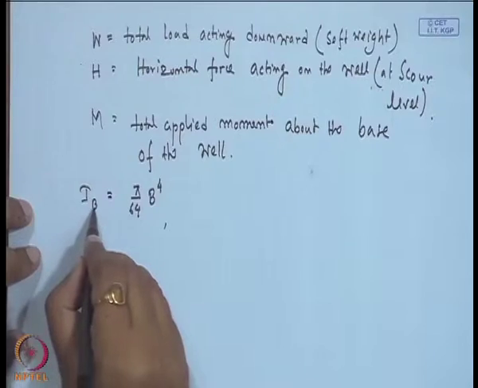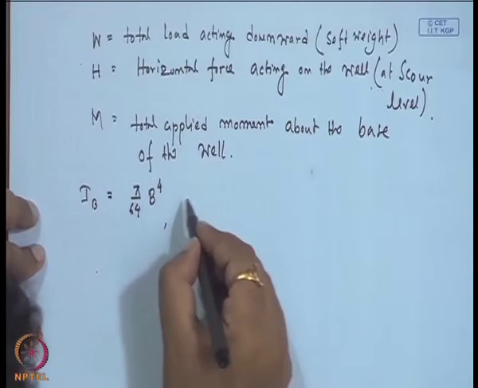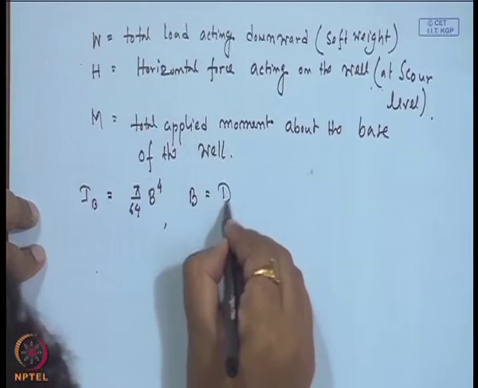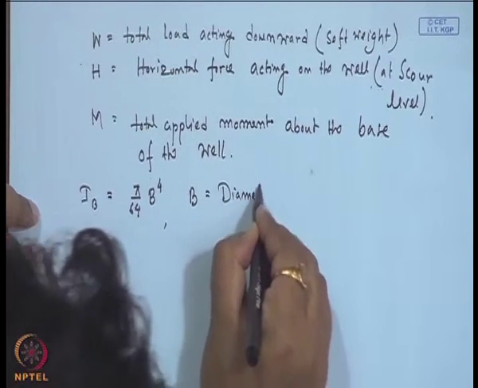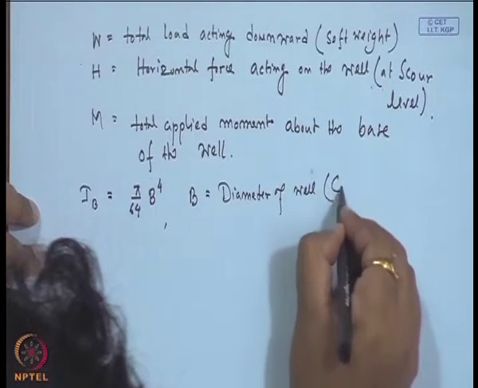So, I_b is pi by 64 b to the power 4, where b is the diameter of the well if it is circular.